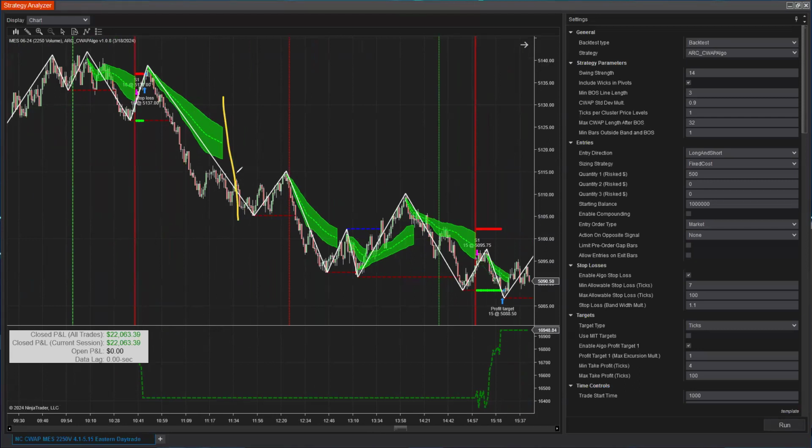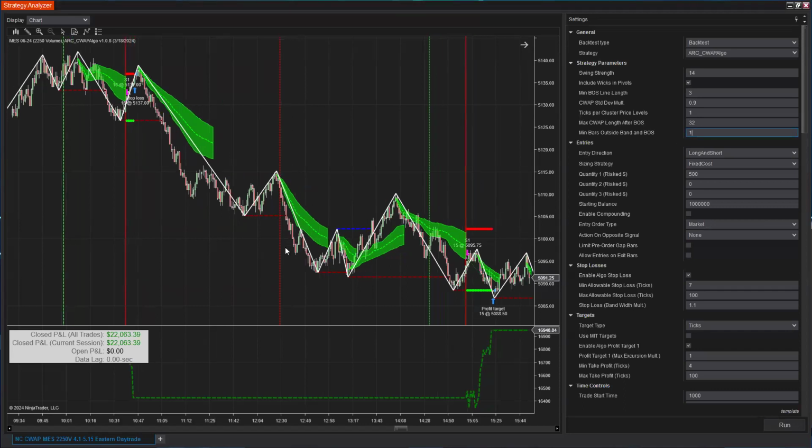That's because this got way too far beyond that CWAP to want to trade it. And so the next CWAP plots here. And then this didn't take a trade because it was after hours. So what this is saying is that you don't want the CWAP to keep plotting if you want to trade the most recent stuff. And so that's what that setting can do.